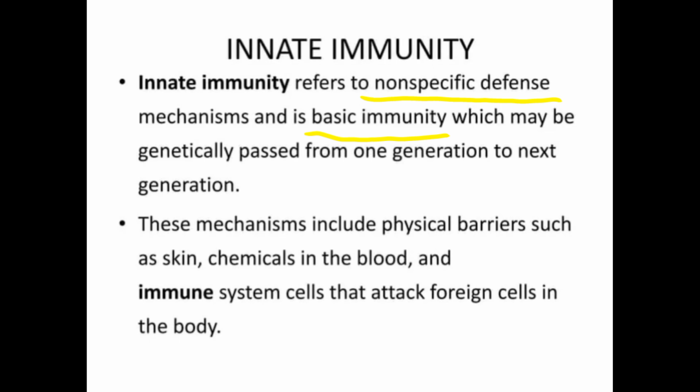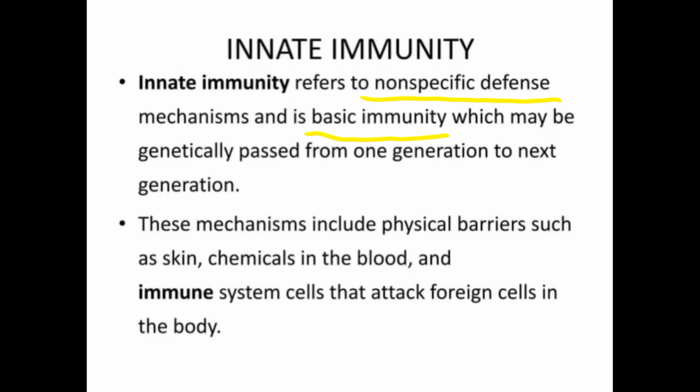This is the basic type of immunity. First it is non-specific, and second it is basic. Basic means it doesn't have different barriers which strengthen it. It is genetically passed from one generation to the next. It is hereditary.